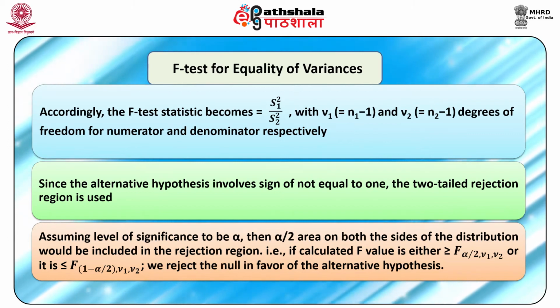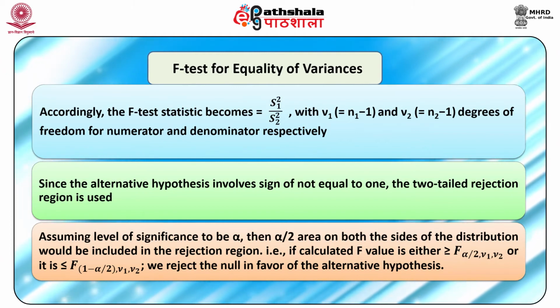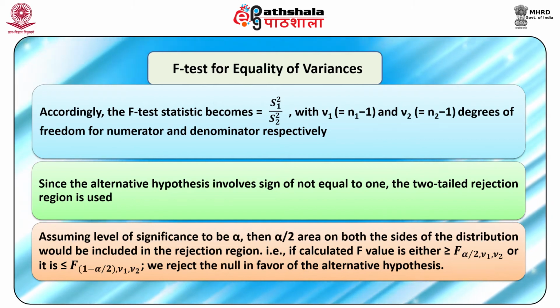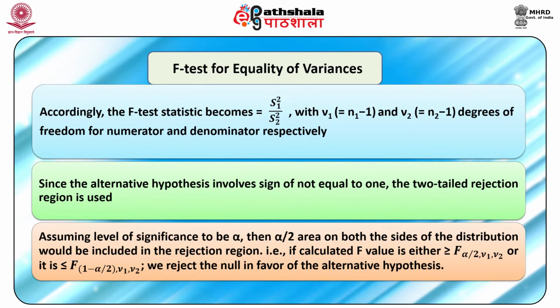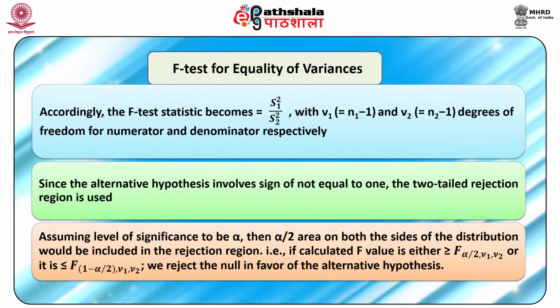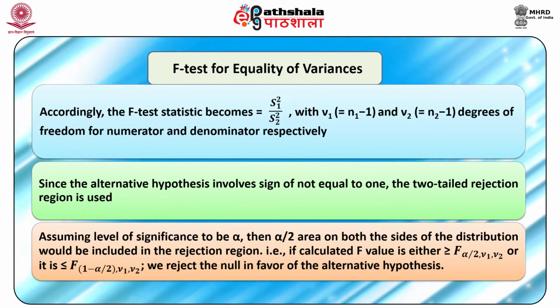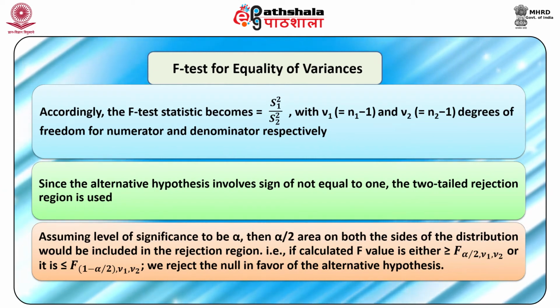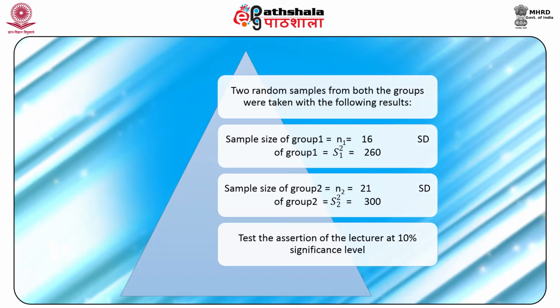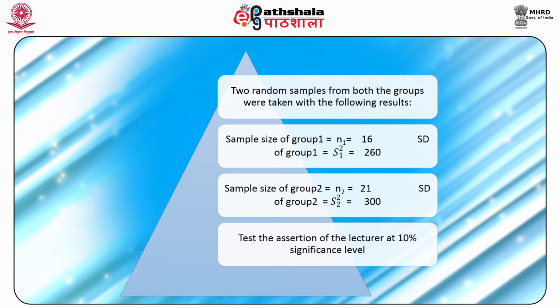Assuming the level of significance to be alpha, then alpha by 2 area on both sides of the distribution would be included in the rejection region, i.e., for example, if the calculated F value is either greater than or equal to F alpha by 2 for nu 1 and nu 2, or it is less than or equal to F 1 minus alpha by 2 for nu 1 and nu 2, we reject the null in favor of the alternative hypothesis. Let us take an example to explain the application.